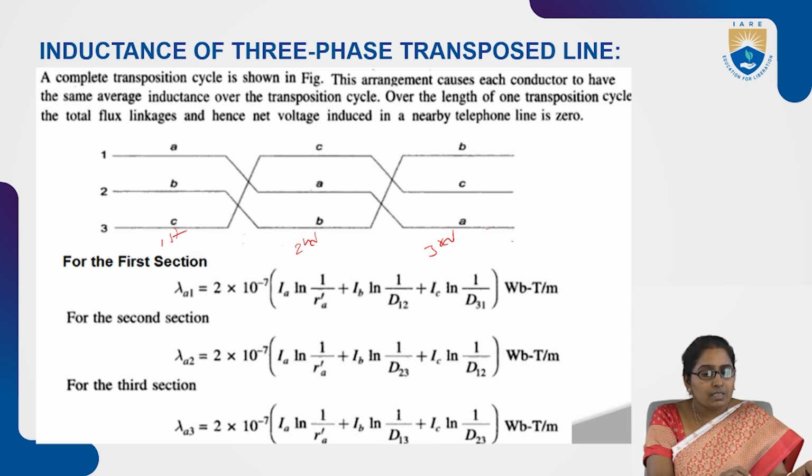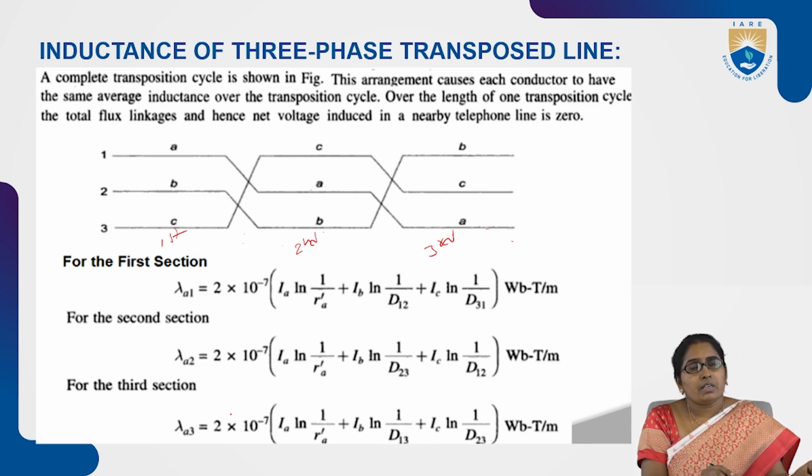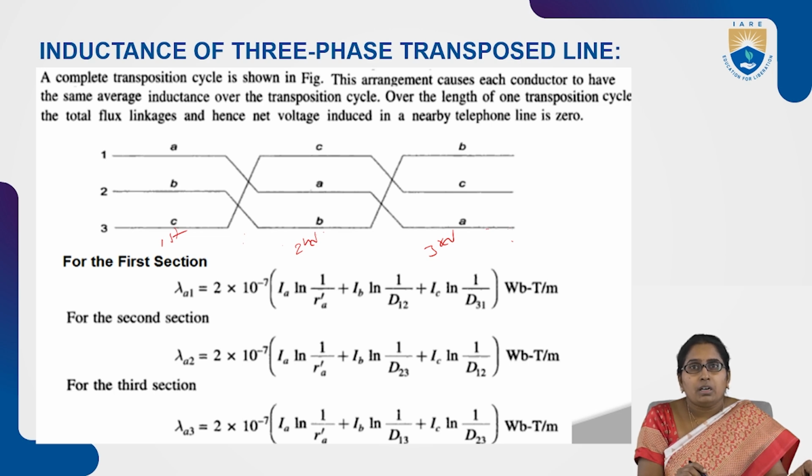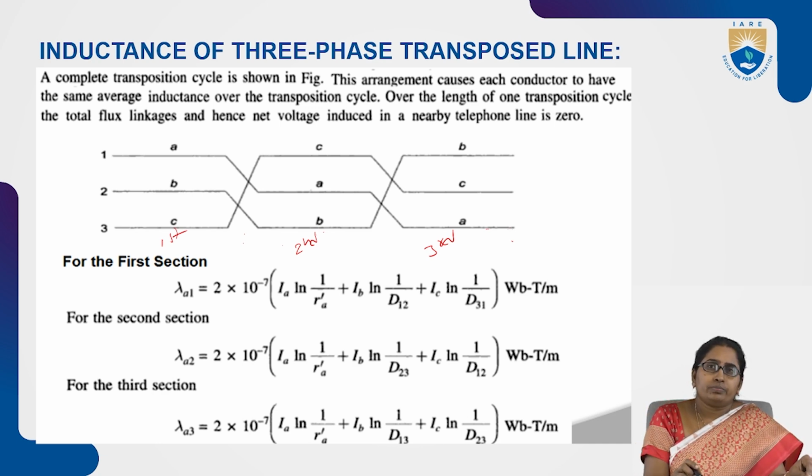Next, similarly for the second section, psi A2, that means the flux linkages of conductor A when it is in second position, is given by 2 into 10 power minus 7 Ia log of 1 by Ra dash due to its own radius. Then due to conductor B, Ib into log of 1 by D23, and then Ic into log of 1 by D12, because it is in second position.